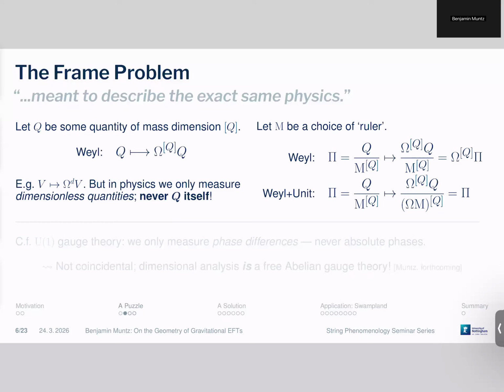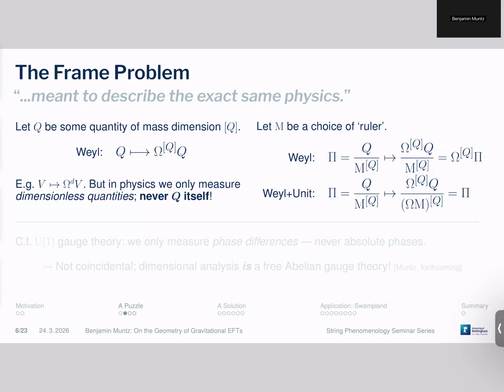If you do a combined Weyl transformation and a unit transformation, so you also rescale your choice of ruler, then all dimensionless quantities are left the same. Okay, so this is why we mean that different conformal frames give you the exact same physics, because they give you the exact same dimensionless observables, provided we make the appropriate unit transformation.